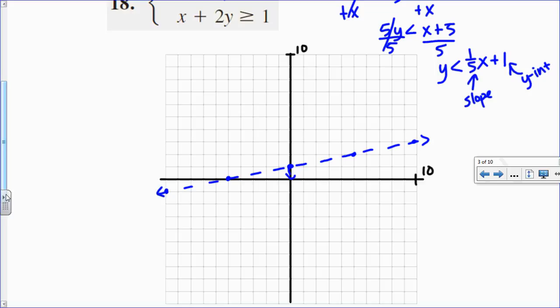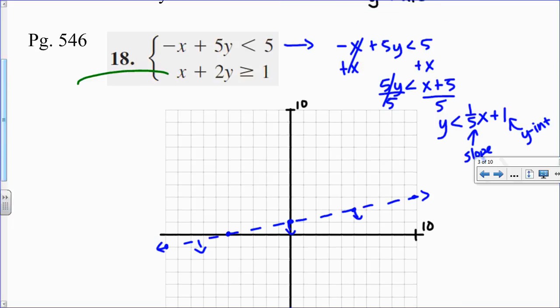I am going to wait just a second to do my shading, because I'll just shade the final overlapping part. Take a second and do this one. Get y by itself on your second inequality.